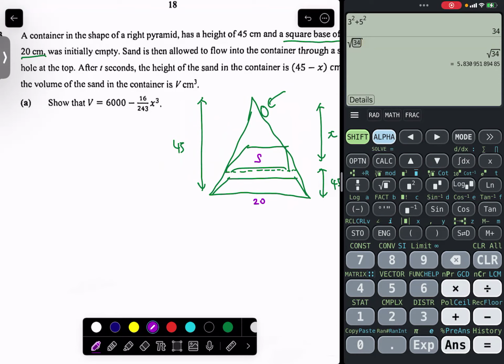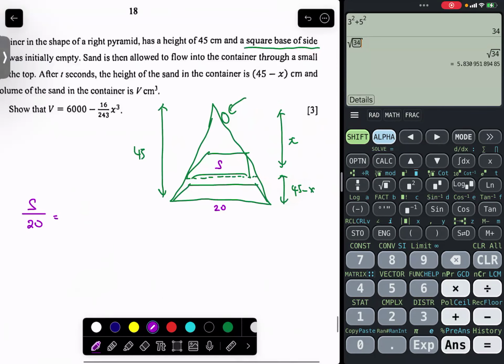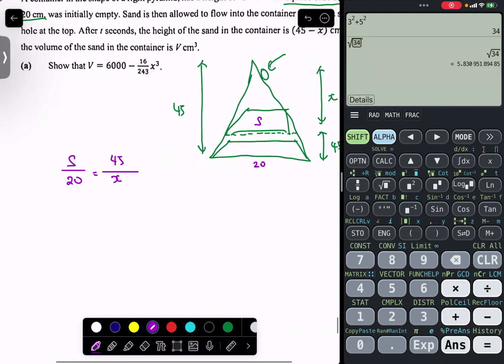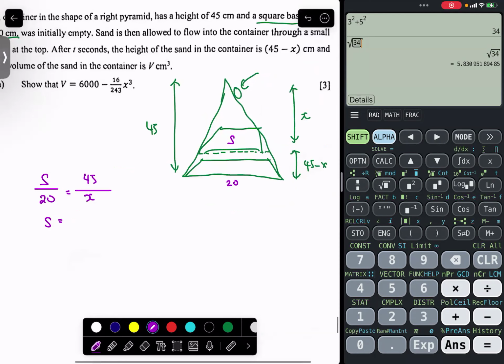This is 20. S over 20, because similarity tells me small over the big, equals x over 45.